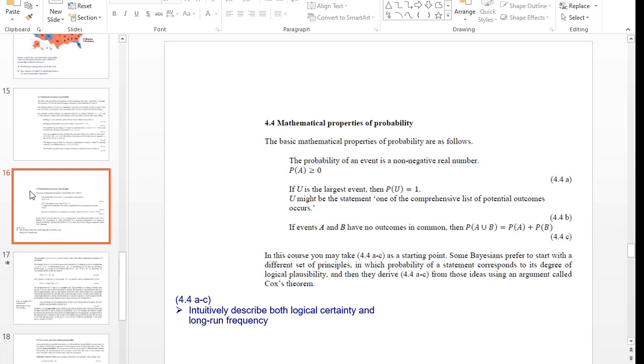Cox's theorem says that if your degree of belief has to obey certain philosophical properties, if you have certain statements which you think in plain English must be true about a degree of belief, for example, that a degree of belief is a physical property of the information that I have available, and therefore, regardless of the order in which I consider my information, as long as I consider all of it properly, I should get the same degree of belief.